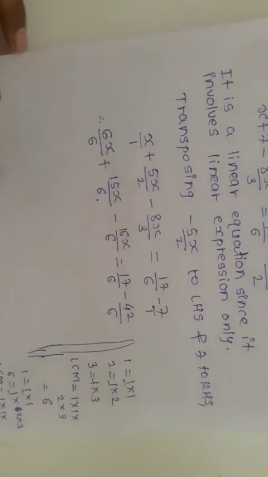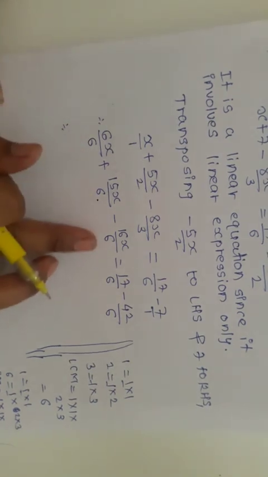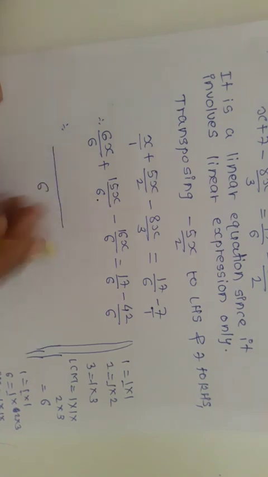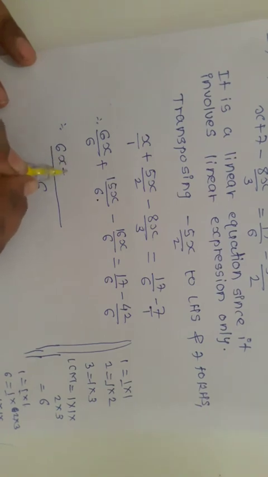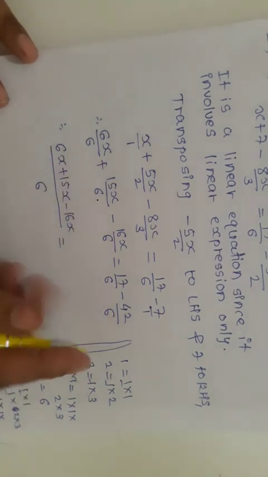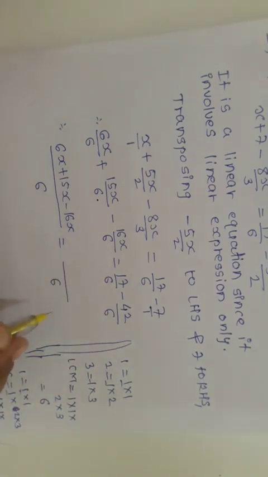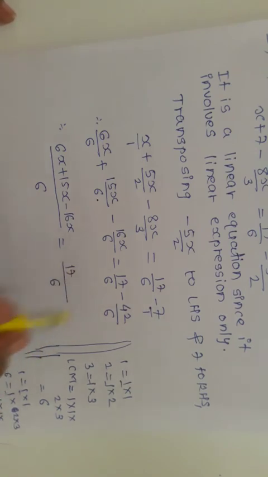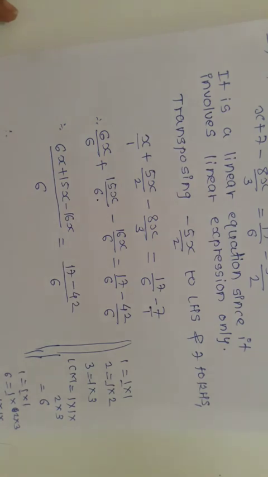Now throughout the LHS the denominator is the same, so write a common denominator and add and subtract the numerators: 6x plus 15x minus 16x, which is equal to, on this side again with a common denominator, 17 minus 42.